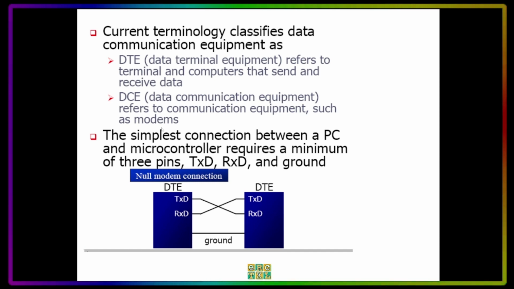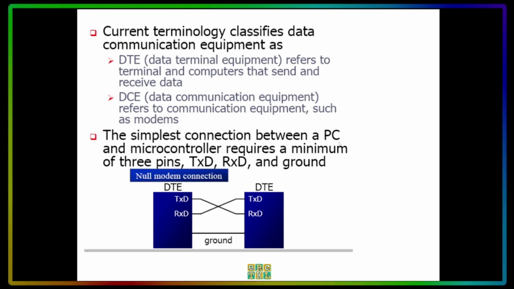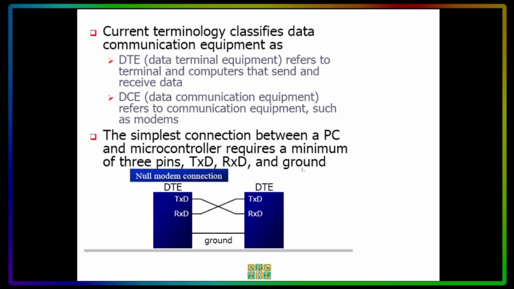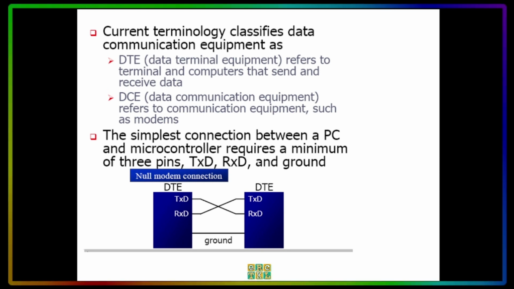Again, modem stands for modulator, demodulator. And the simplest connection between a PC or personal computer and a microcontroller requires a minimum of 3 pins. So we need the TXD, the RXD, and the ground at least, to do our connection between the PC and the microcontroller.